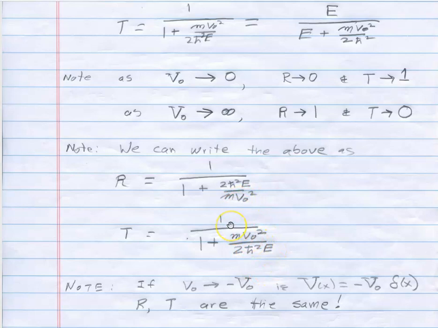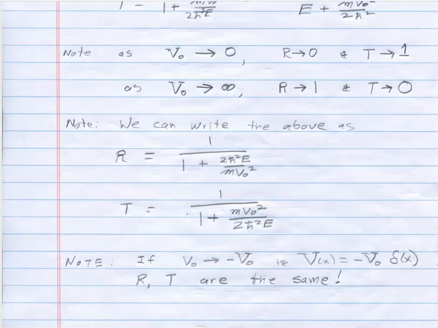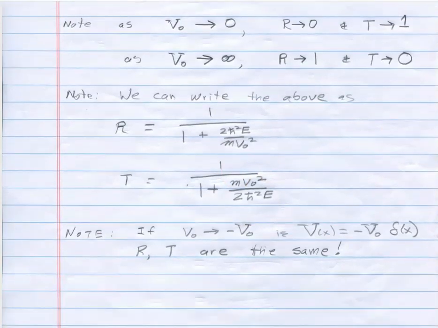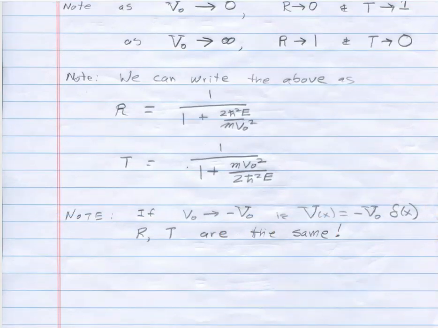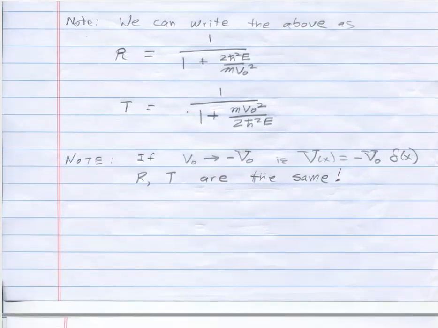So you get the same reflection and transmission coefficients regardless of whether this scattering potential is attractive or repulsive, and that's kind of surprising to me anyway. You can check that. Your book goes into some detail on the negative case, I think, so be sure to do the readings out of your textbook and verify that you get these results.